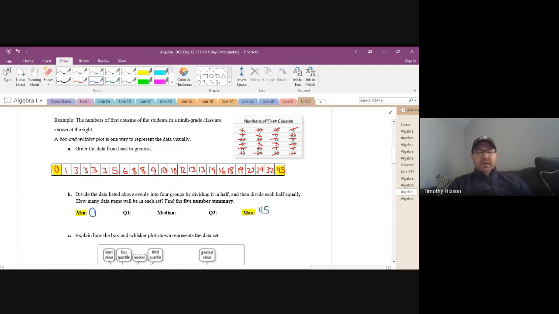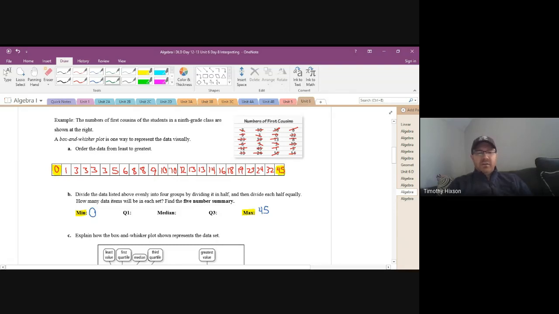Now we're going to find the median, and since there are 24 total pieces of data, half of 24 is 12. So since this is an even value, our median is going to occur between the 12th and the 13th value. Okay, so 1, 2, 3, 4, 5, 6, 7, 8, 9, 10, 11, 12.